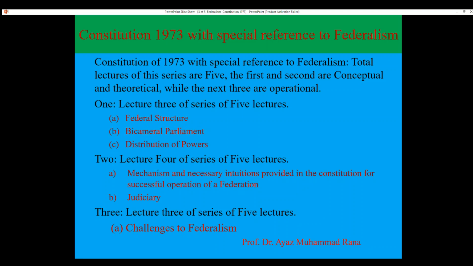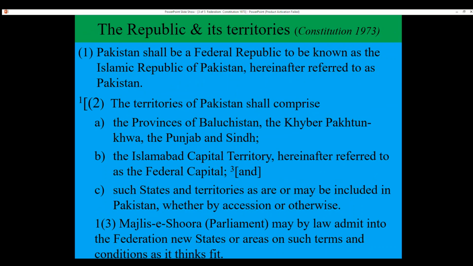Today, we will discuss lecture 3 of the series of 5 lectures. In this, we will discuss the federal structure provided in the Constitution of 1973, form of government provided in the Constitution of 1973, and distribution of powers between central and provincial governments.